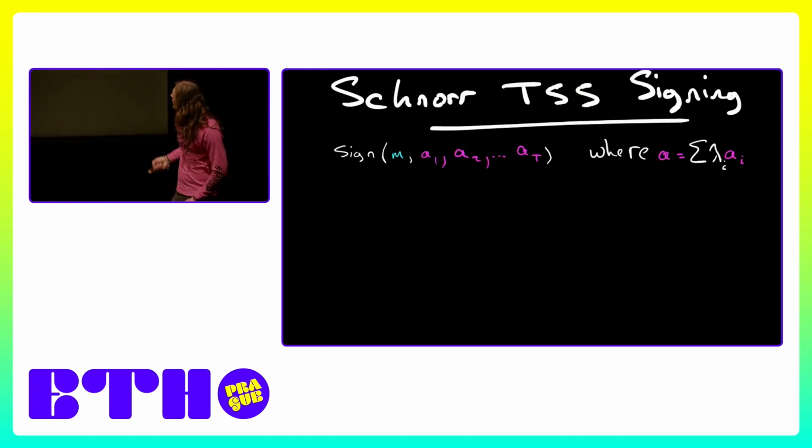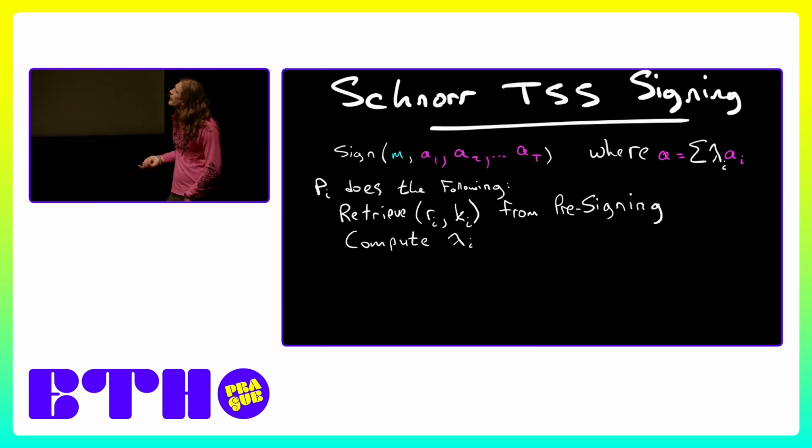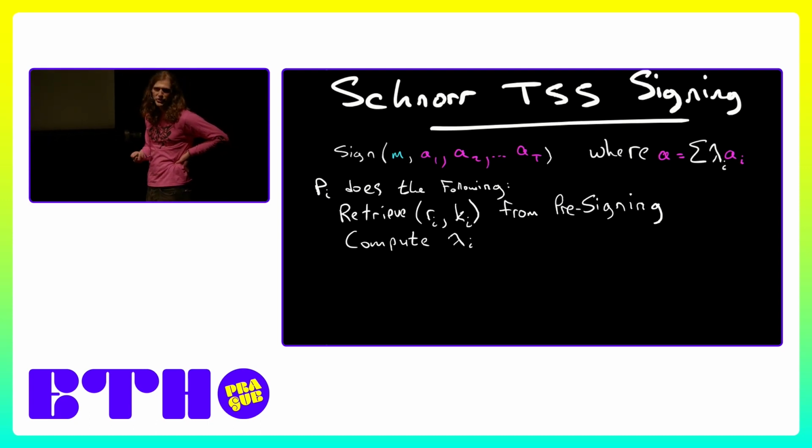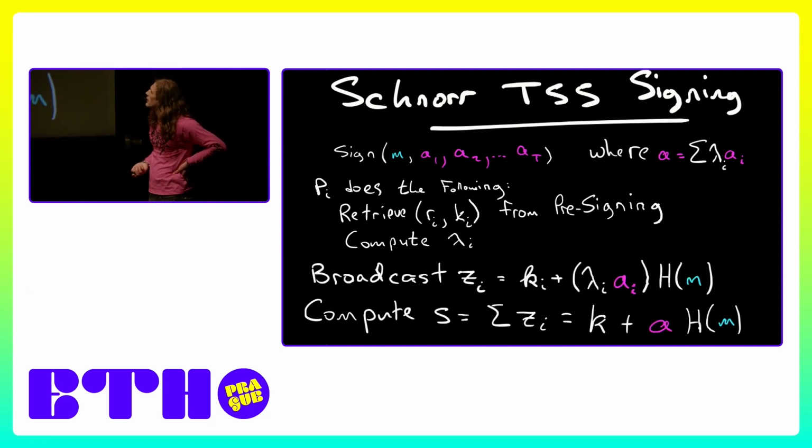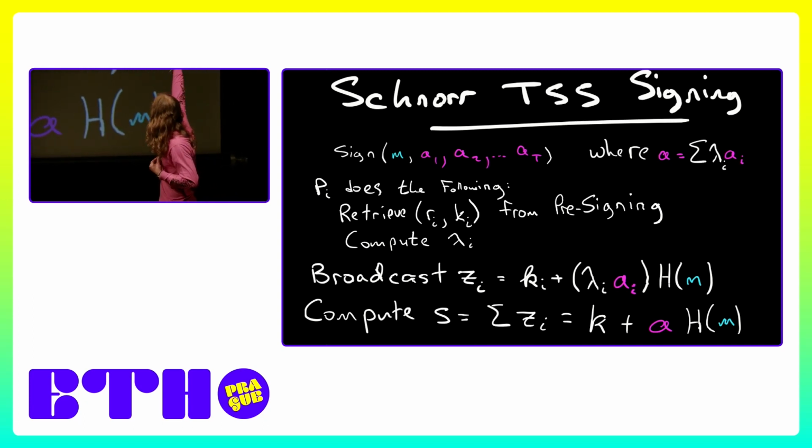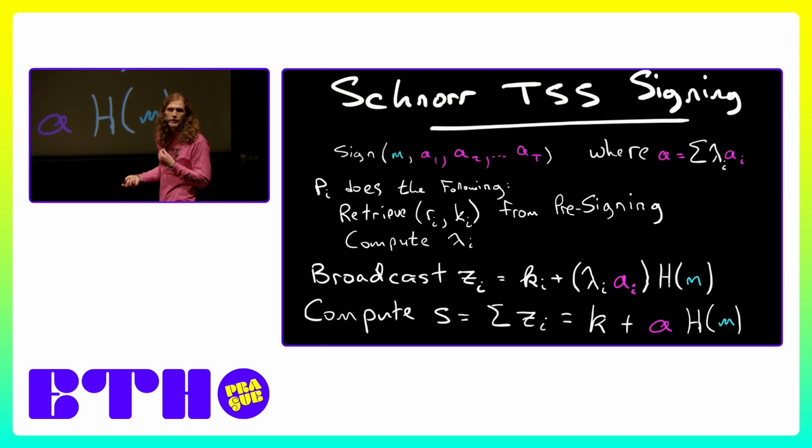And so Schnorr signing basically looks like this. We need to take everyone's private keys in a sneaky way, where no one else gets to learn what everyone else's private keys are. And each player does the following. They retrieve some random information that they got in their pre-signing round, which I'm going to brush over. They compute what their adjustment is for the group they are in.